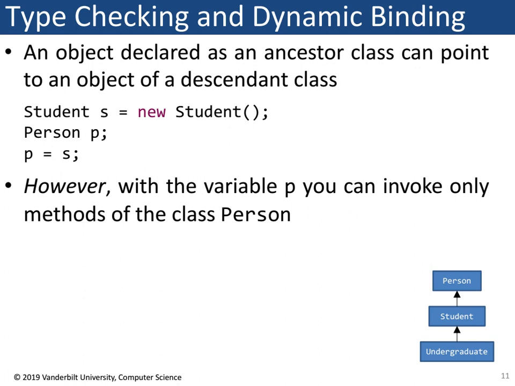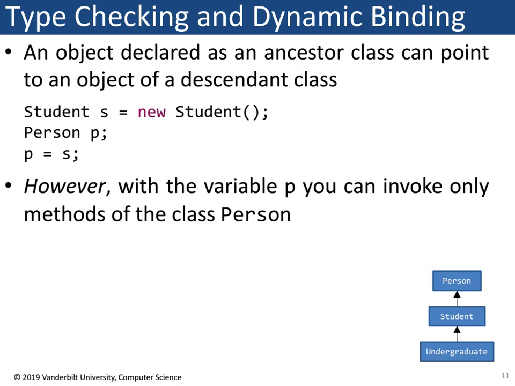So if you assign a derived class object to an ancestor class reference variable, then you must restrict yourself to using the methods that are available at the ancestor class level.